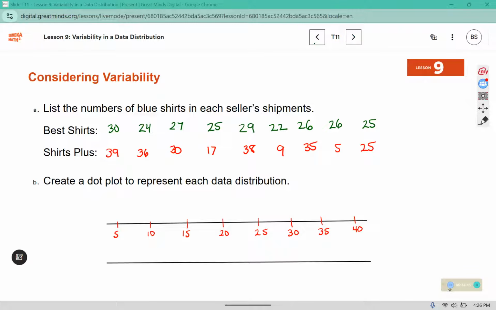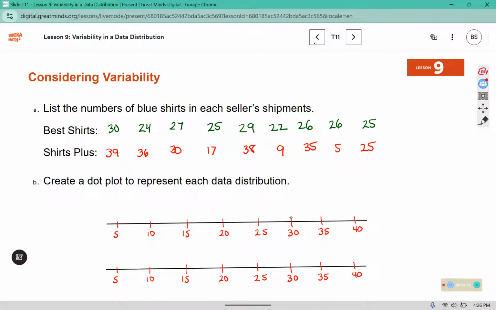And like I said, we're using the same scale for both. So we'll put our dots on there.